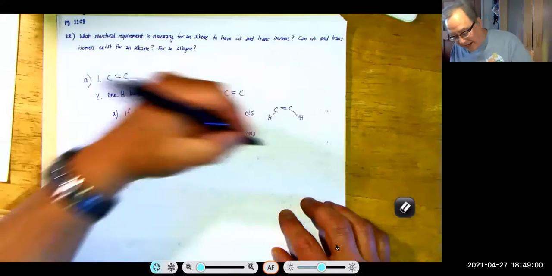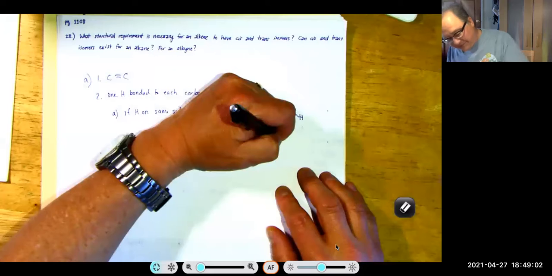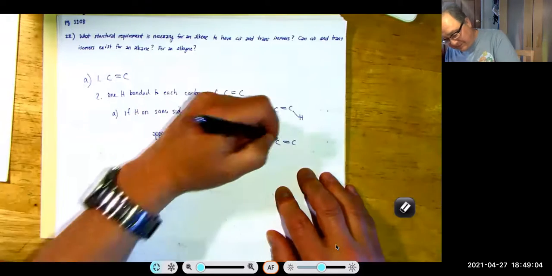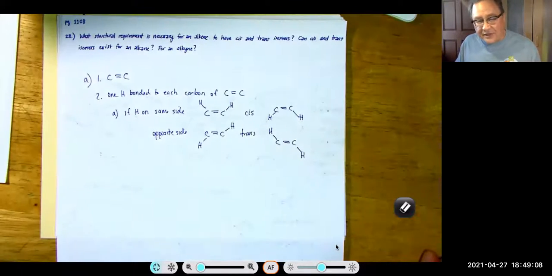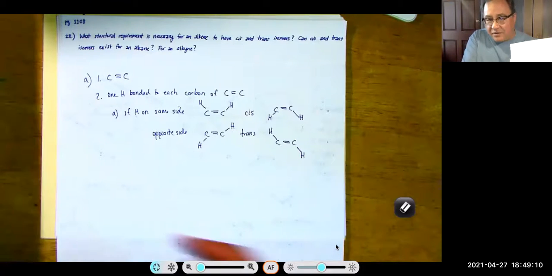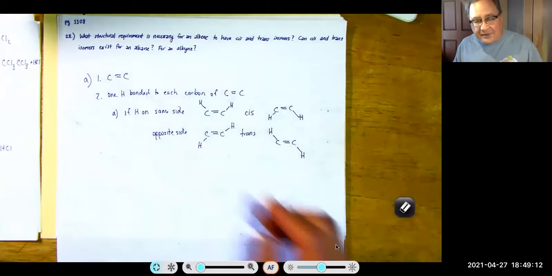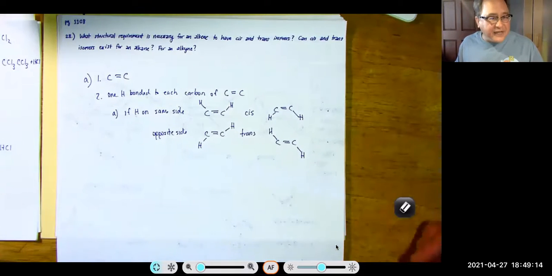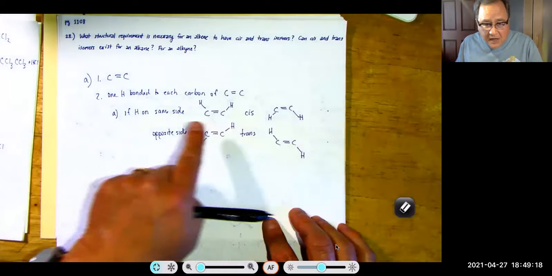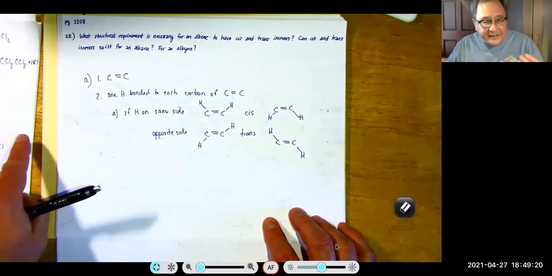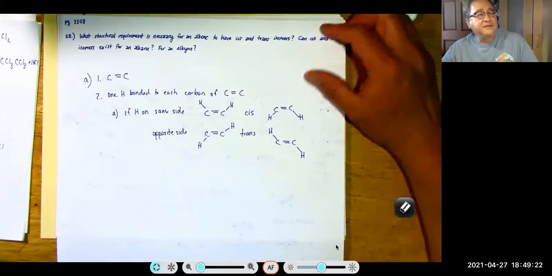What's another way to show trans? Okay, so it doesn't matter whether it's up or down, just that they're both on the same side. And when we say same side, we mean that if we draw a line parallel through the double bond, splitting that thing into sides. Fair enough?